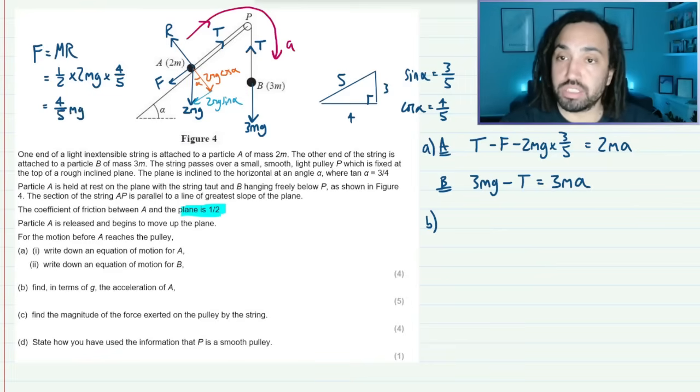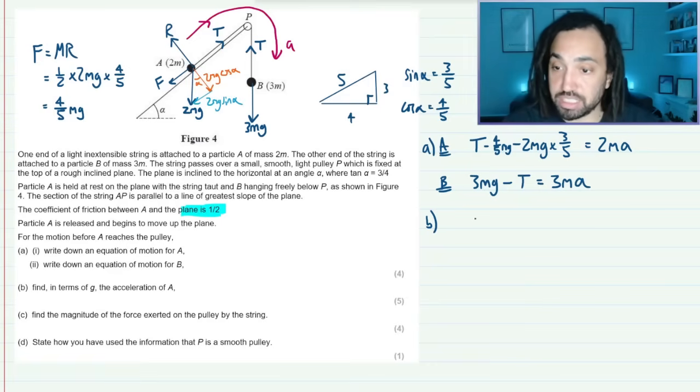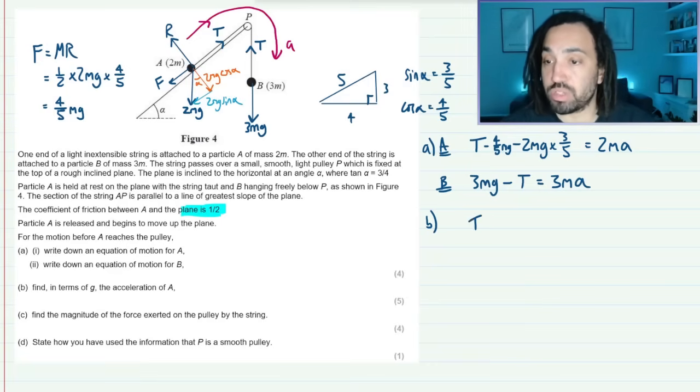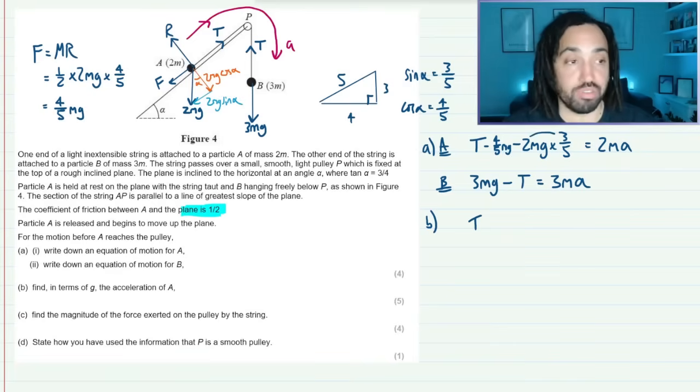Okay, so this gives me 4/5 mg. Subbing that out for F, we get 4/5 mg in there like that. And then I can actually simplify that equation even more, because we've got minus 4/5 mg and minus 6/5 mg when I do 2 times 3/5.